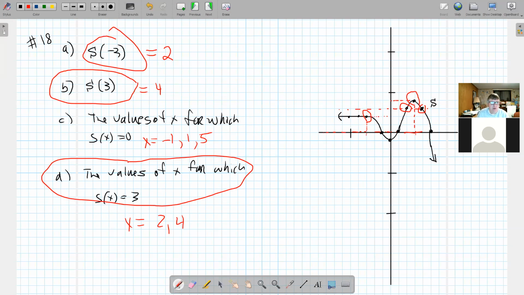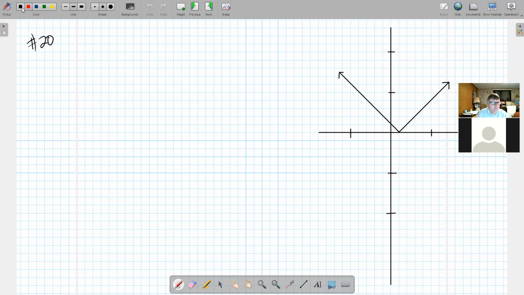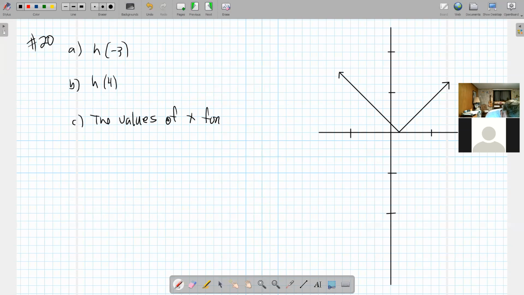Okay, let's go on to the next one then. Problem number 20. It says find h of -3, h of 4, the values of x for which h of x equals 1, and the value of x for which h of x equals 0.